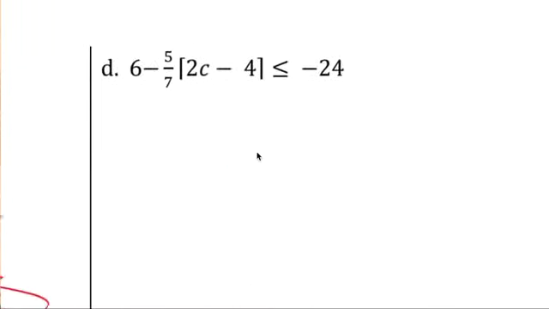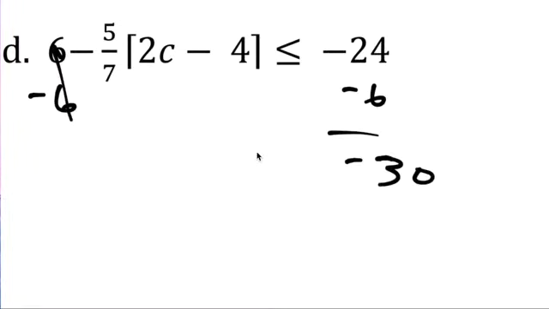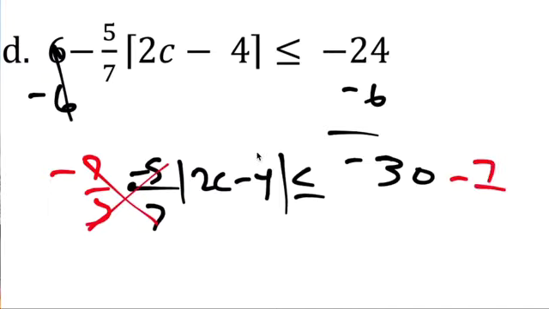Okay, absolute value, get everything out, minus 6, you get negative 30, negative 5 over 7 absolute value of 2c minus 4. Times this by its reciprocal, 7 over 5, cross cancel, negative 7 over 5, be 1 is invisible, so 2c minus 4.